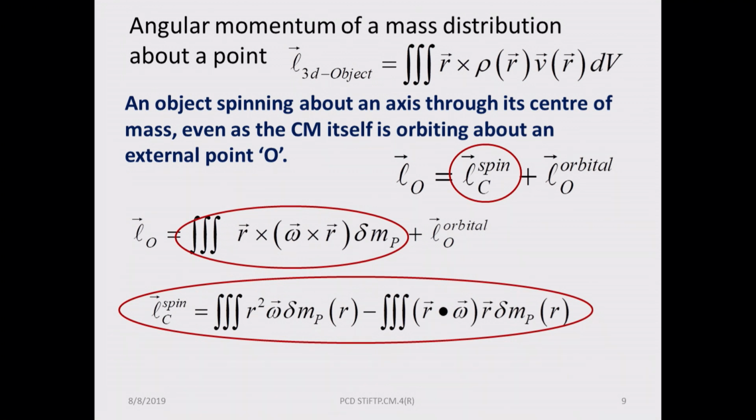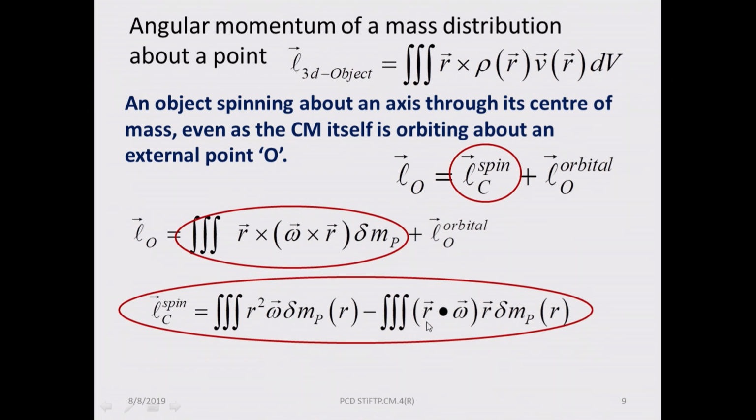So you have these two terms in the spin angular momentum, and this has got a very interesting upshot. Look at the first term. The first term is an integral in which you have got an angular velocity over here, and even in the case where it is constant, even if it is not changing with time, you can possibly pull it out of the integration, and that will give you a component of the spin angular momentum in the direction of angular velocity.